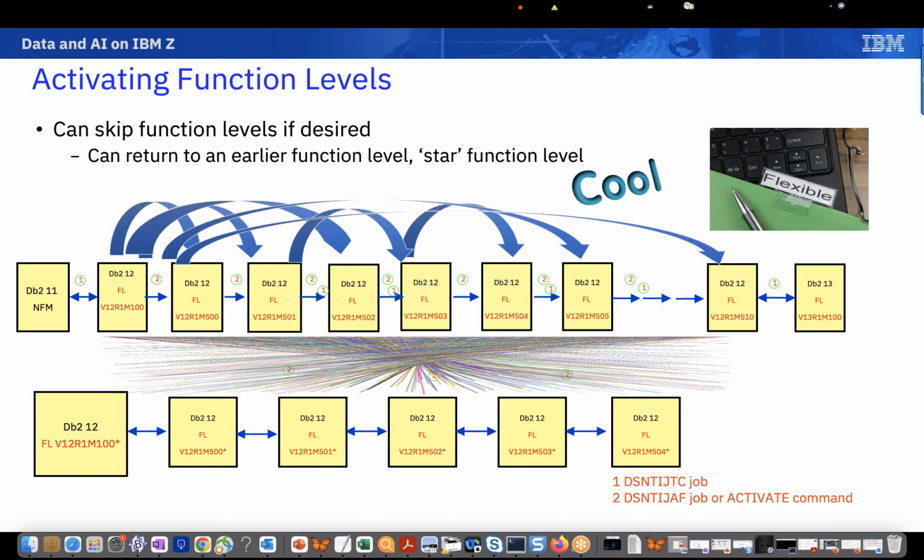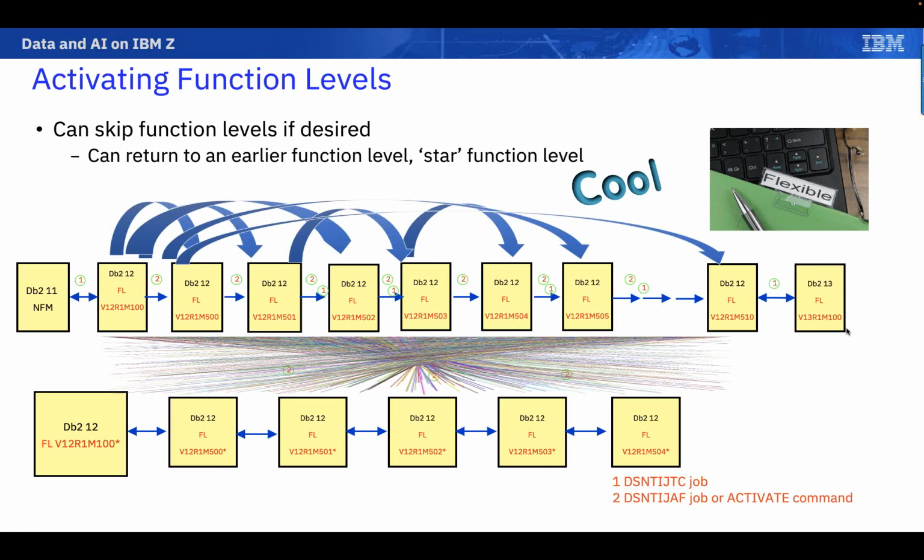All they had to do was activate function level 504, and the problem went away until we fixed the problem. So it really gives you that flexibility: if you think there is a problem, you can always go back, very safely, with flexibility. And there you go, John.